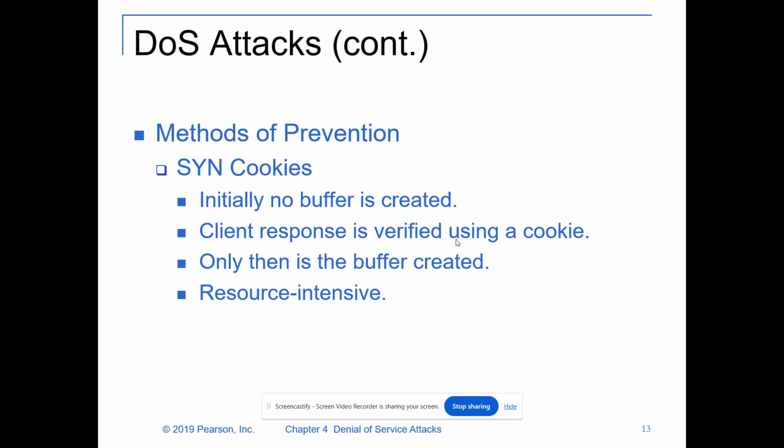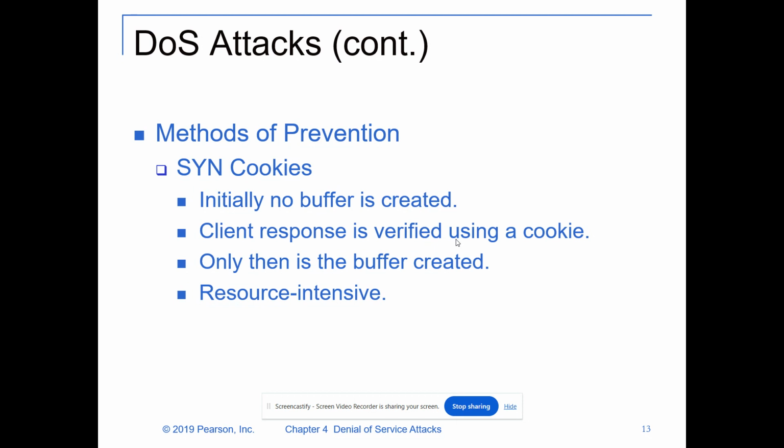Methods of prevention, one being SYN cookies. This stops the buffer overflow attack. At first, upon receipt of a SYN, no buffer itself is created. The receiver sends a SYN-ACK containing hashed information in the header.